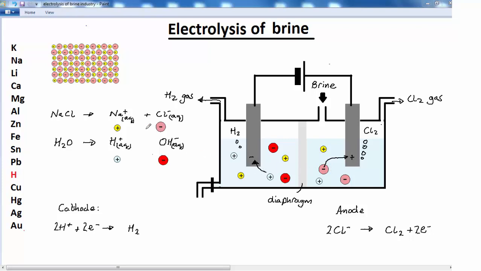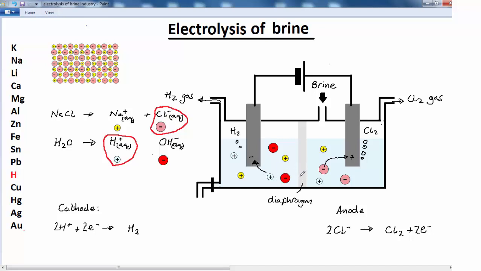That's to say, because we're effectively removing this ion and this ion from the solution, it stands to reason that the concentration of the sodium ions and the hydroxide ions is going to increase. In other words, we're going to get an increase in the concentration of sodium hydroxide in this part of the diaphragm cell.